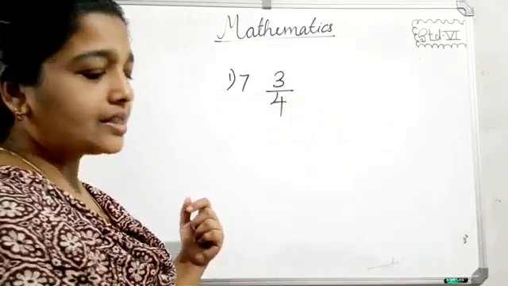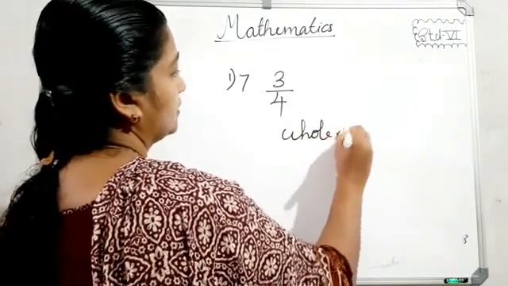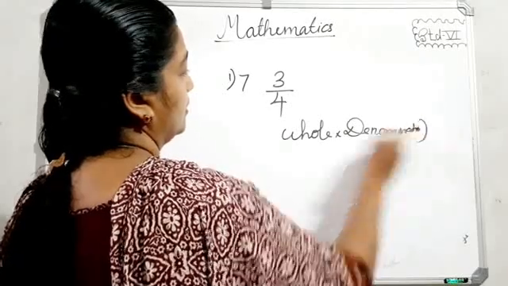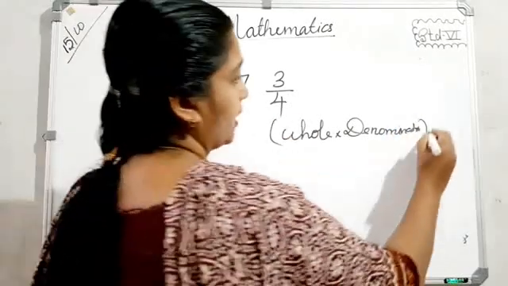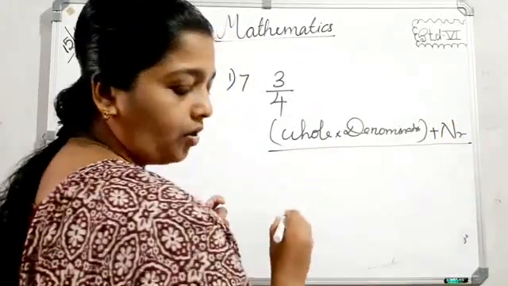Then one rule is there: whole number into denominator plus numerator, divided by denominator.